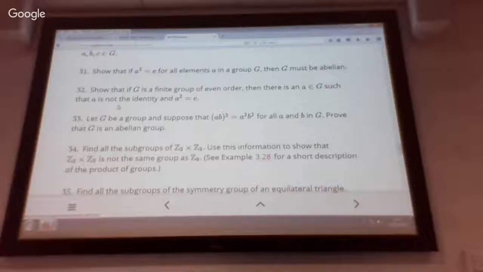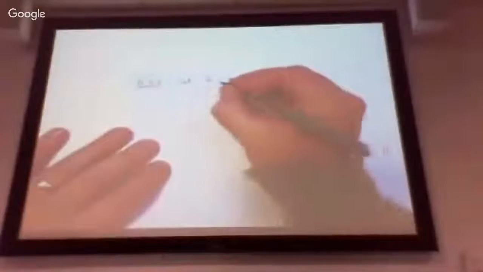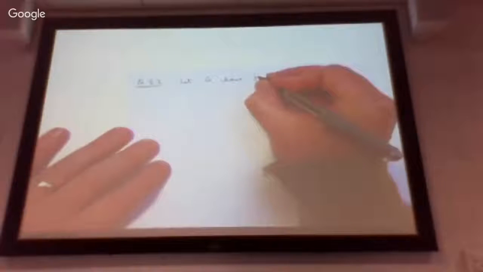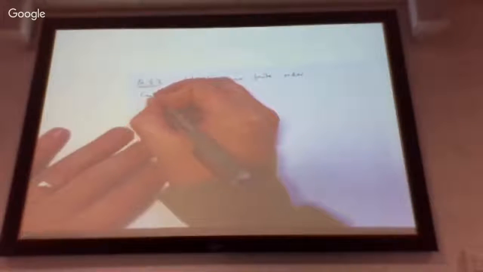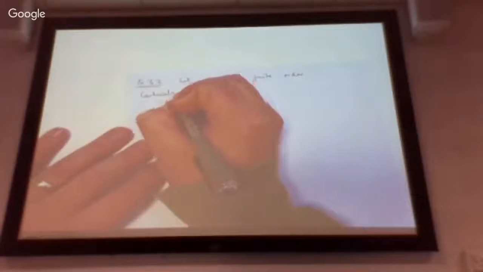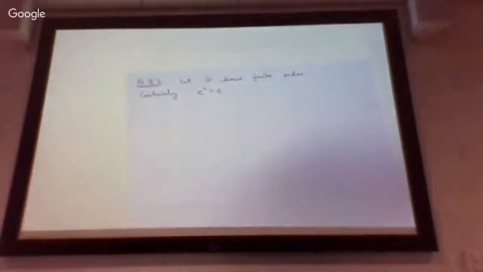Somewhere in it, there must be a non-identity element floating around that satisfies this equation, A squared equals E. So we assume that G has finite order. Certainly E, the identity itself, satisfies this, that E squared equals E.